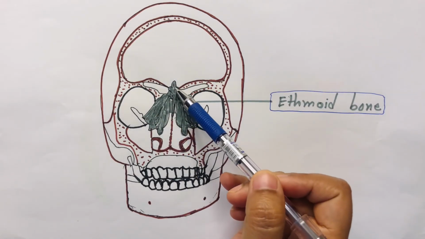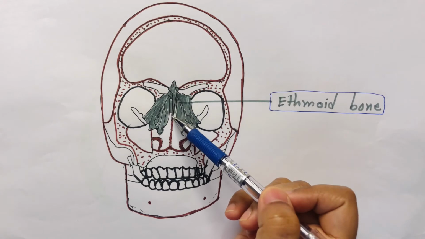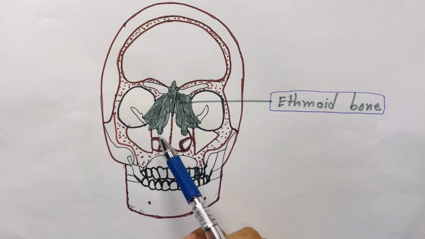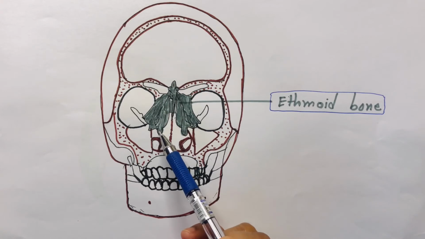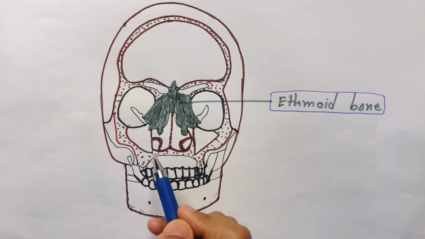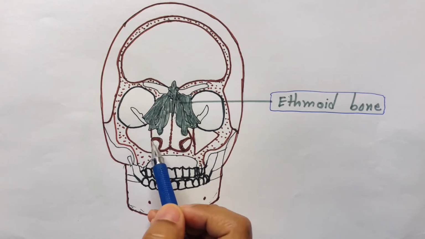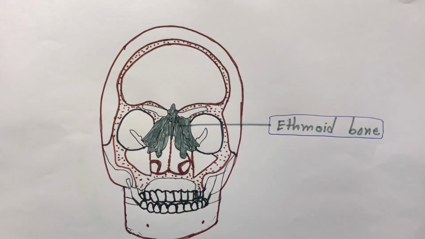We can see our ethmoid bone makes half of the nasal septum, and these two parts of the ethmoid bone make our superior nasal concha, and the inferior nasal concha is made up by different bones. So that's all about our cranial bones.